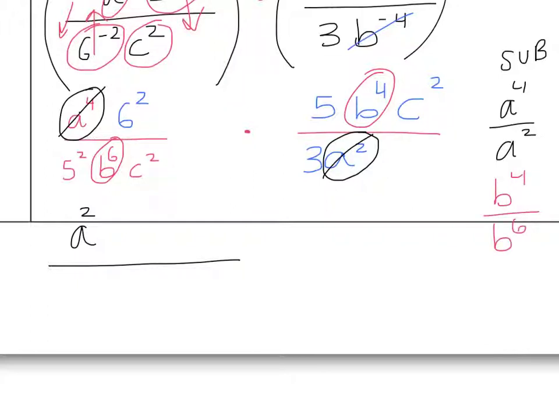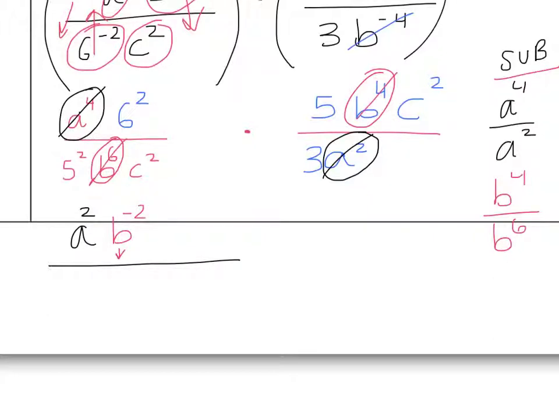If you feel more comfortable, put it on the side. Since you are dividing, you have to subtract the powers. So it's going to be b 4 minus 6. Every time you divide, you put the work on the top. 4 minus 6 is a negative 2, so you put negative 2. Now as you can see, it's a negative exponent, so you need to move it down. Keep that in mind. Now we're done with the b.